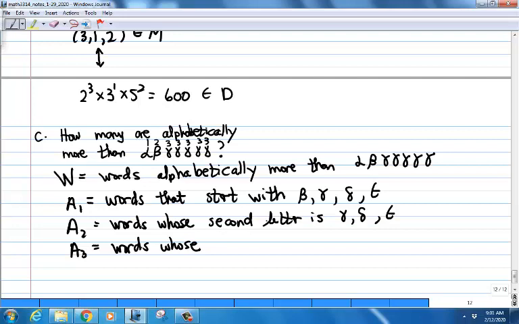Third letter. Right, okay. So words whose third letter would be what? Delta or epsilon.